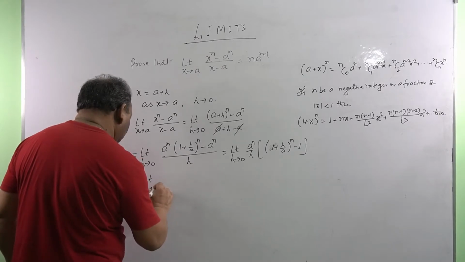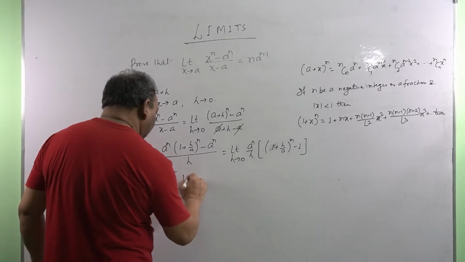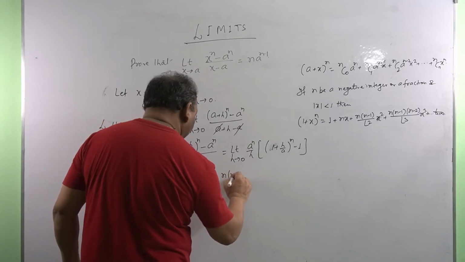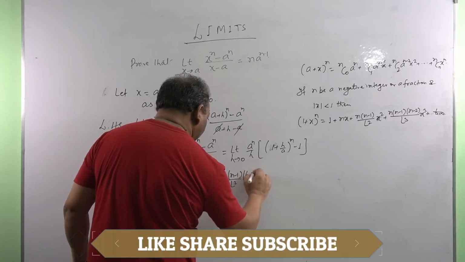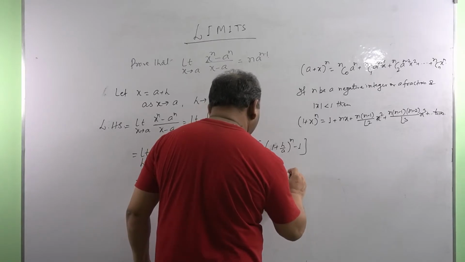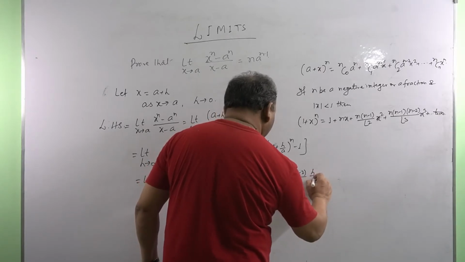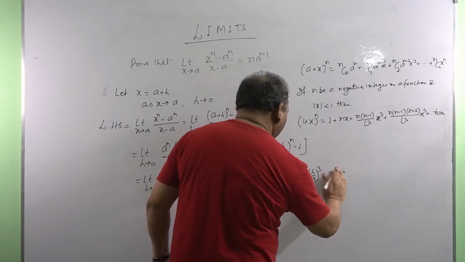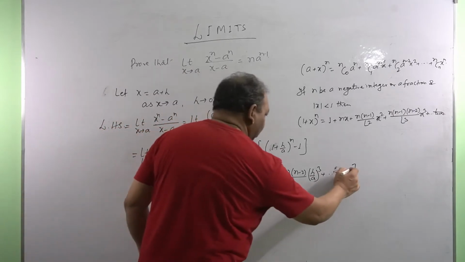Limit h tends to 0, a to the power n by h multiplied by (1 plus n h by a plus n into n minus 1 upon 2 factorial (h by a) whole square plus n into n minus 1 into n minus 2 upon 3 factorial (h by a) whole cube plus dot dot to infinity minus 1 in the last). Plus 1 minus 1 cancel out.